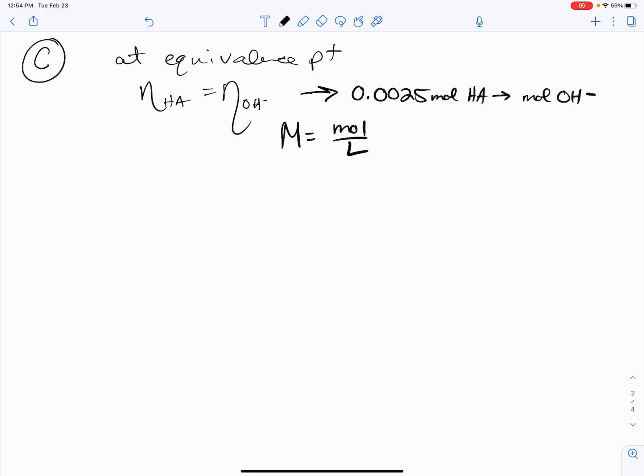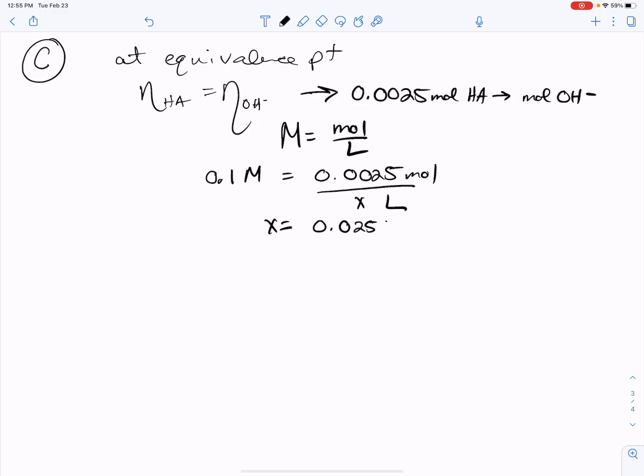So I know my molarity is 0.10 molar, and that equals 0.0025 moles over X liters. X equals 0.025 liters, which is 25 milliliters at my equivalence volume.